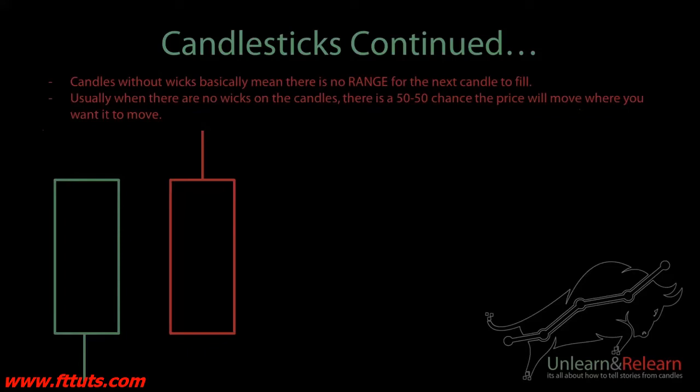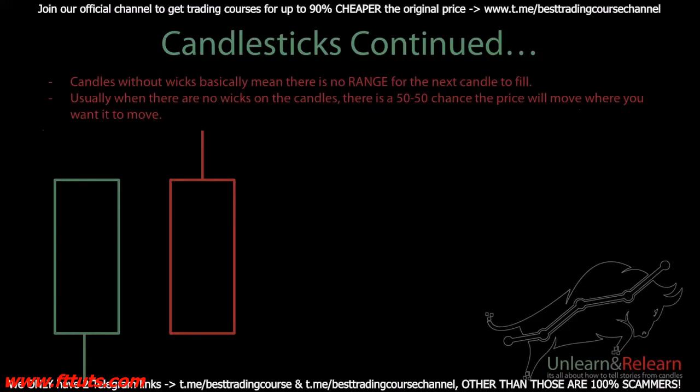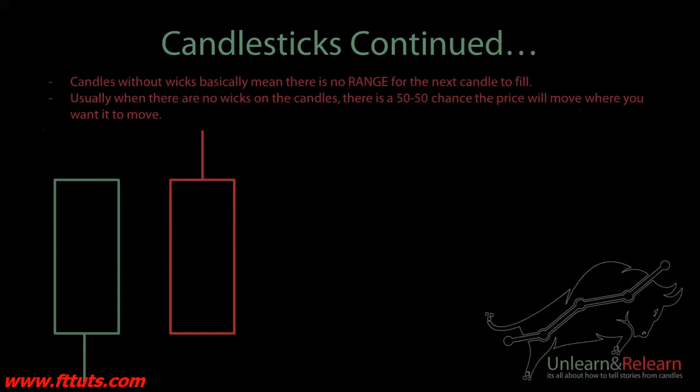The candle was a solid bearish candle, but it had no wick at the bottom. So if there's no wick at the bottom, then there's no range, which means the next candle may not continue down. It may start going the opposite way, but sometimes the candles do start heading where you want to go. So that's a 50-50 chance.